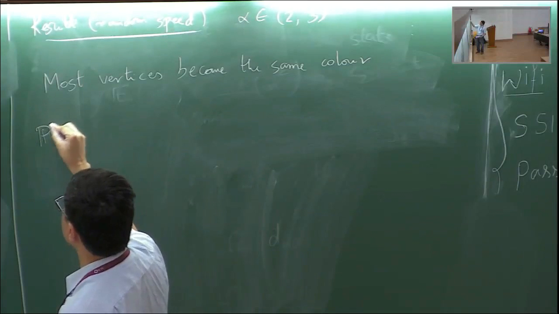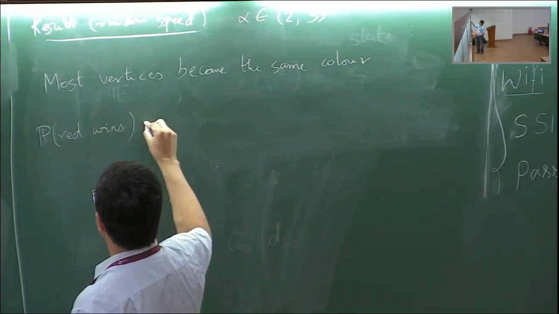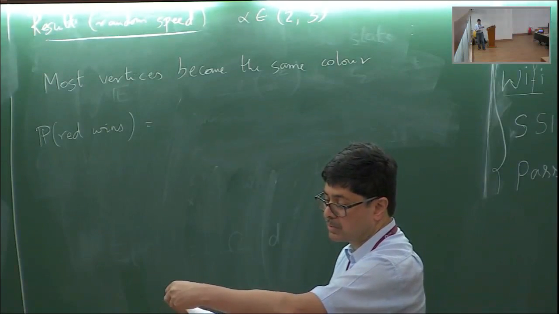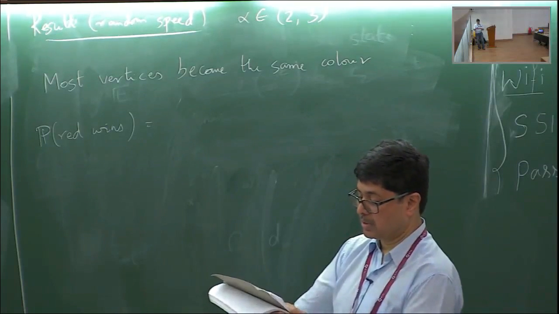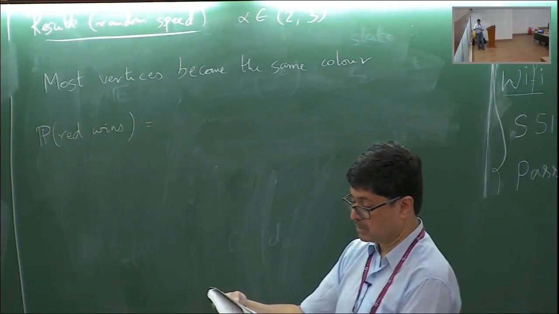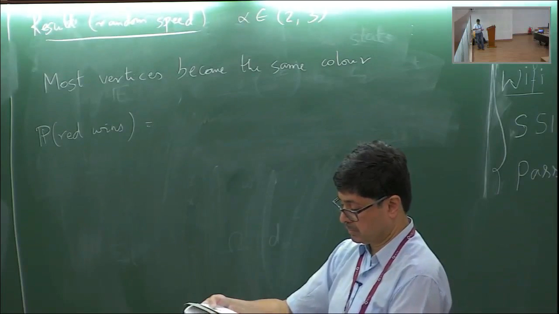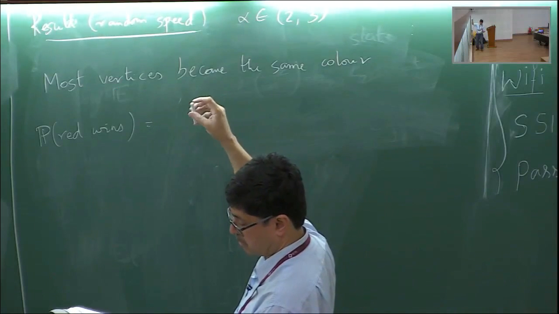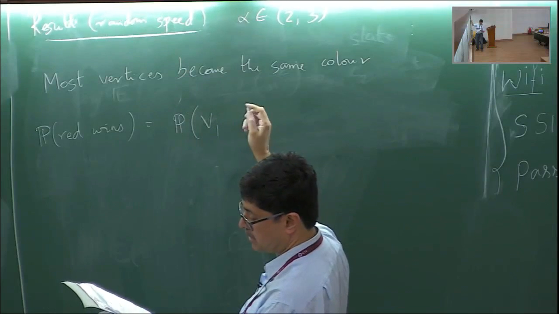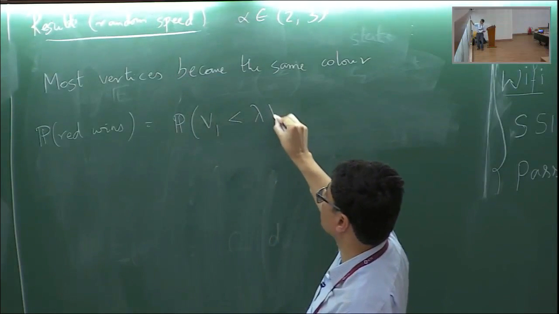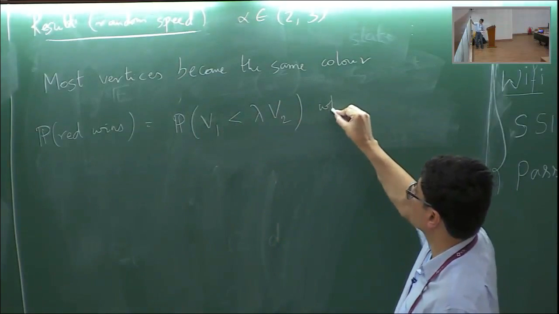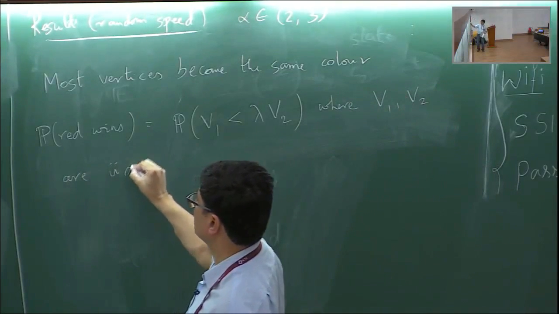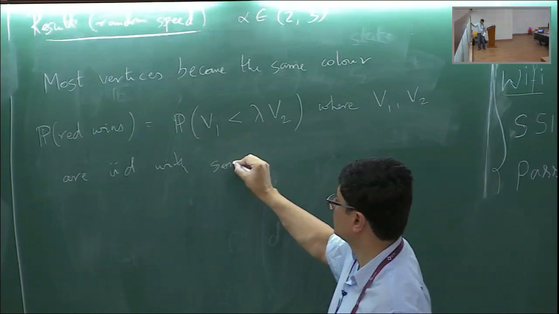So the probability that it wins is the probability that V1 is smaller than lambda V2, where V1, V2 are IID with some specific distribution.